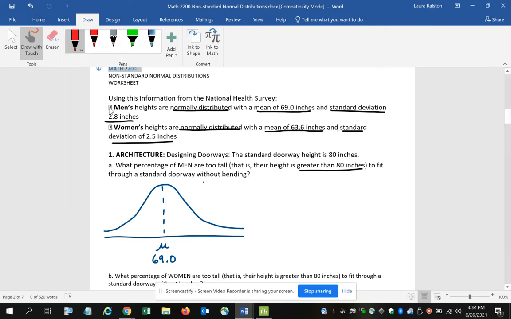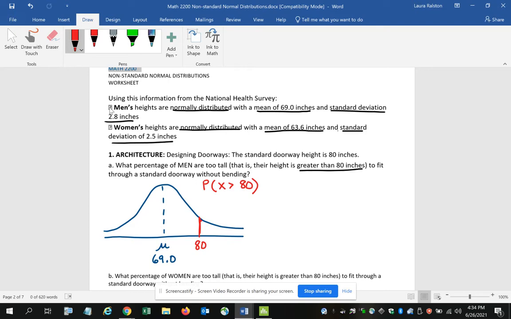If you want to see that written in symbols, we're looking for the probability that a man's height is greater than 80 inches. If I think about my picture, 69 is the average or the mean, in the middle, and 80 would be somewhere to the right. Here's 80. Think about a basic number line. 80 is bigger than 69, that's why it's on the right hand side.